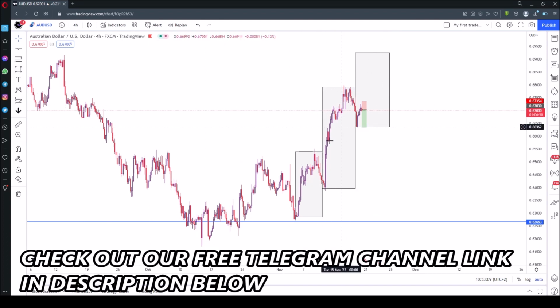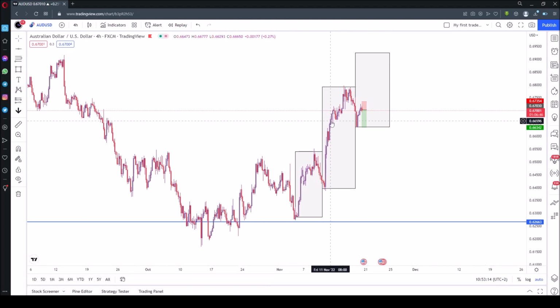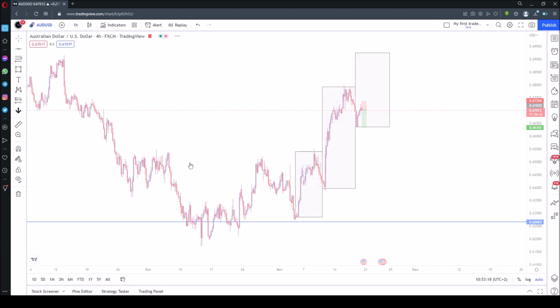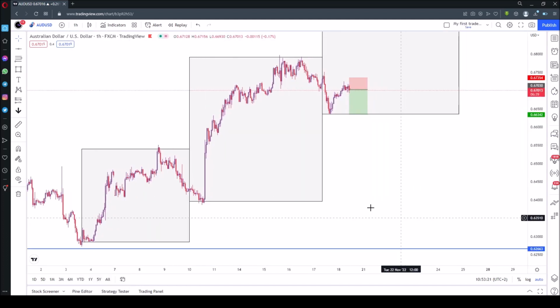So if we go on the H1 time frame, we need to see 3 levels in this particular level of the H4 time frame. So going on the H1 time frame, this is what we see.